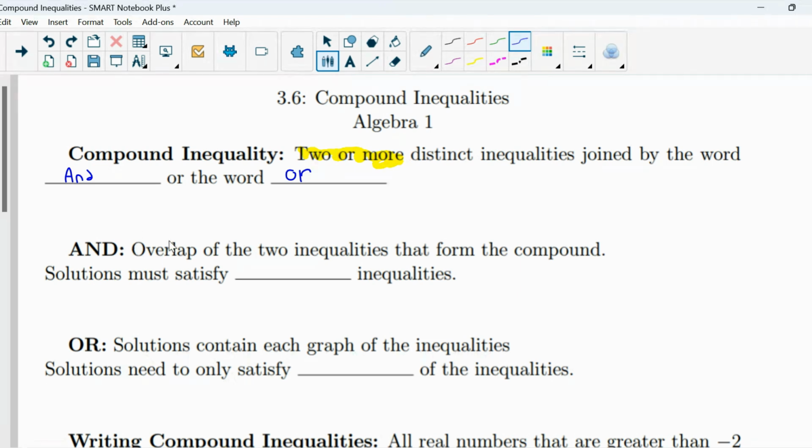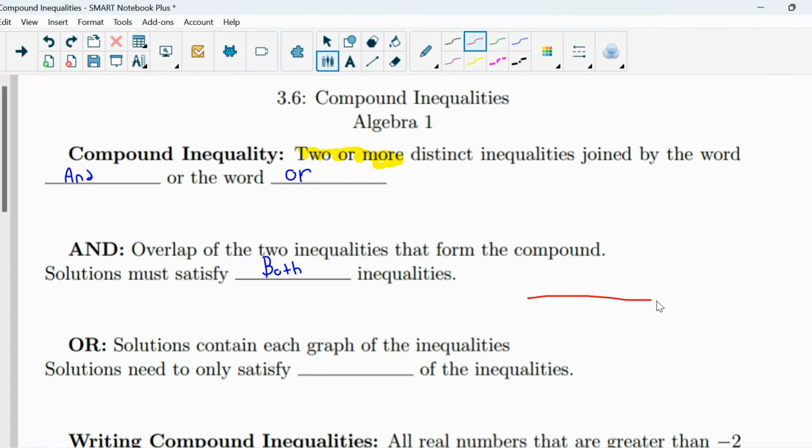Our first type of inequality we'll be looking at is our and inequalities. And inequalities is when the overlap of the two inequalities that form a compound where the solutions must satisfy both of the inequalities. Okay?